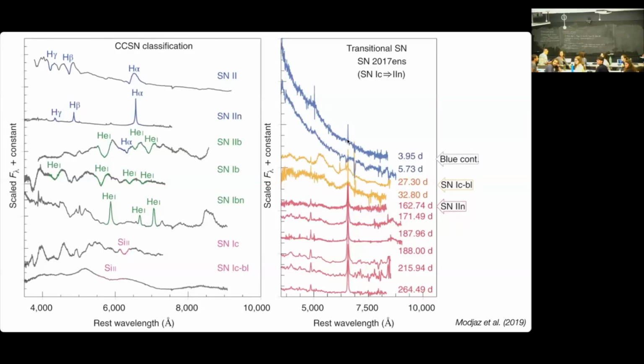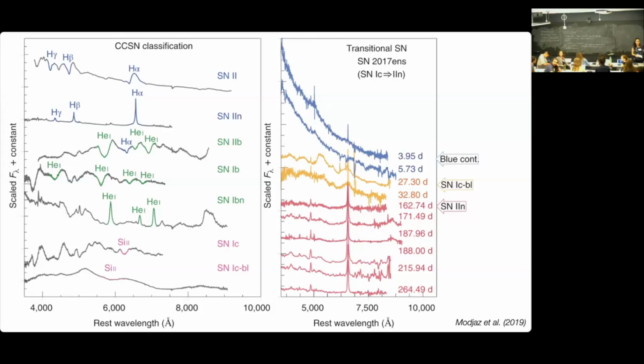Is this due to limitations in the bank of templates used for classification? Is it more important to see that broad silicon feature than the helium, or could something else explain those spikes? And why was it classified first as a 1C?